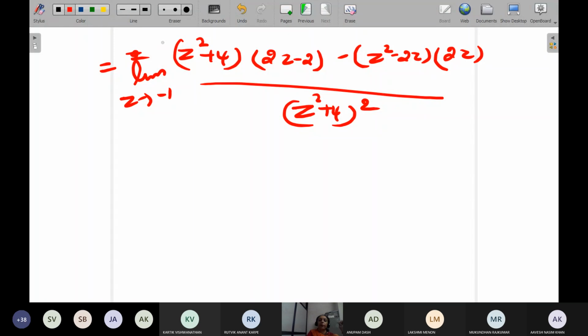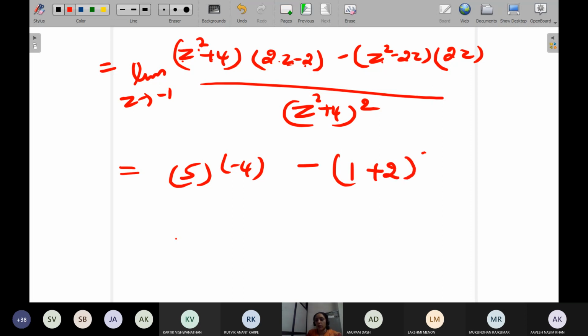Is it clear? Now we will simplify this. Apply z tends to minus 1. You will get minus 1 the whole square plus 4, which will become 5. Here minus 2 minus 2 will become minus 4, and minus z square minus 2z will become minus of minus 3... the second term becomes 2 over 5 the whole square.